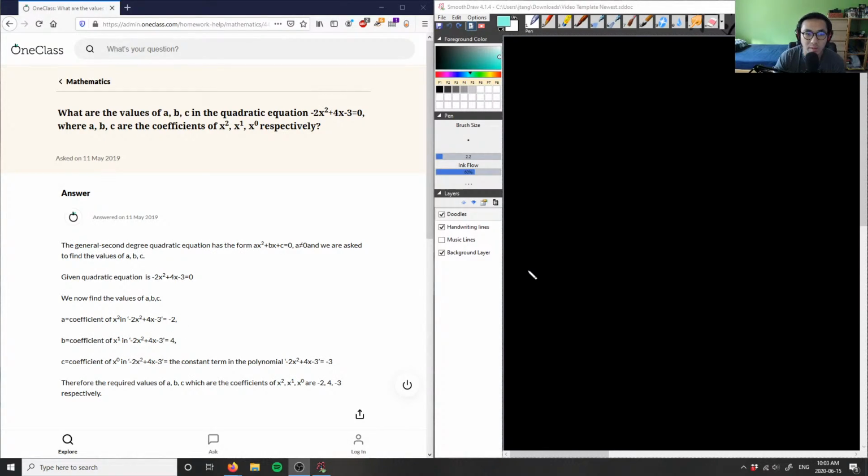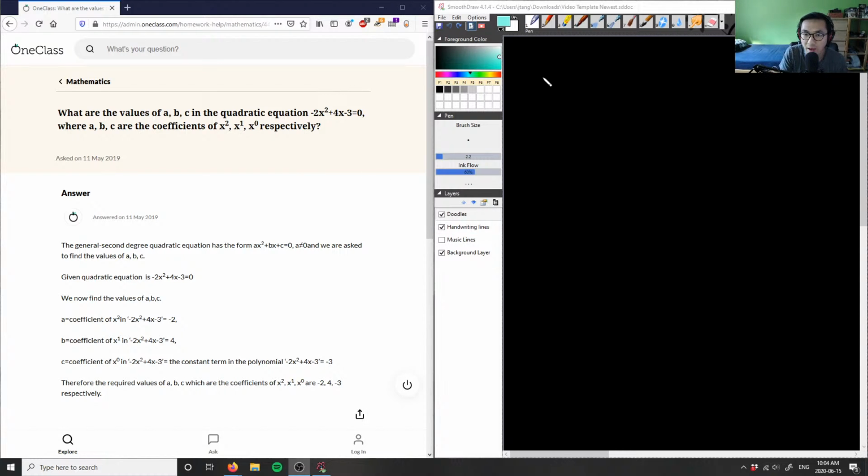All right, our first problem is asking us: what are the values of a, b, c in the quadratic equation negative 2x squared plus 4x minus 3 equals 0, where a, b, c are the coefficients of x squared, x to the power of 1, and x to the power of 0, respectively.